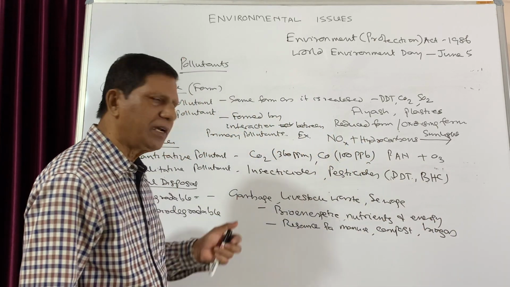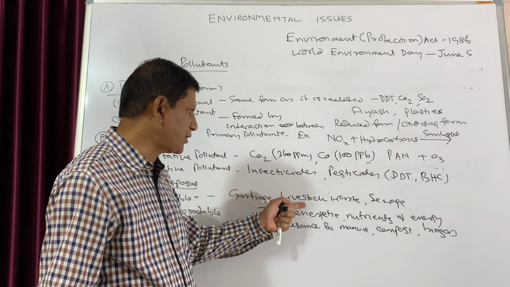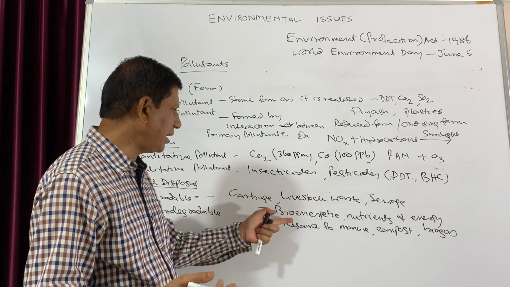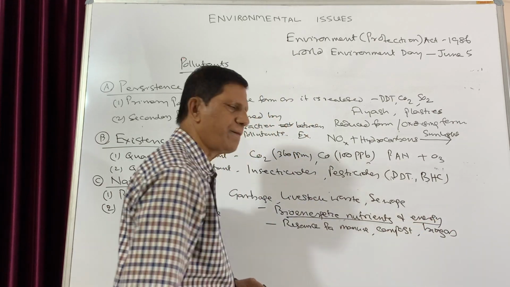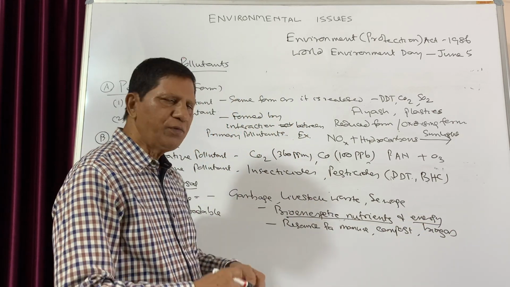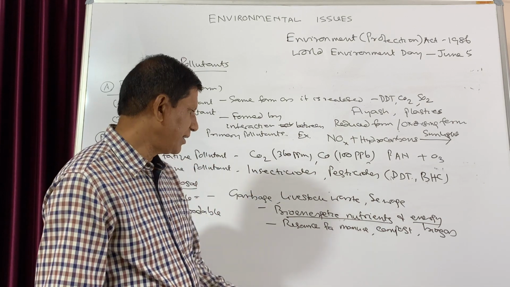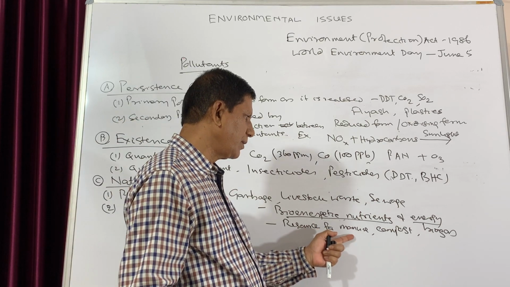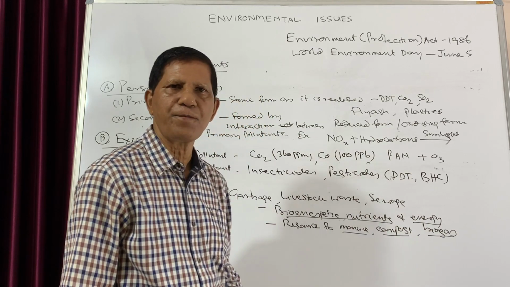Now these are usually organic waste, whether it is market garbage or livestock waste or sewage. These are organic substances, and they contain a lot of nutrients, and they also contain energy. So if they are biodegraded, then they become a resource as manure. We can get compost, and also biogas.